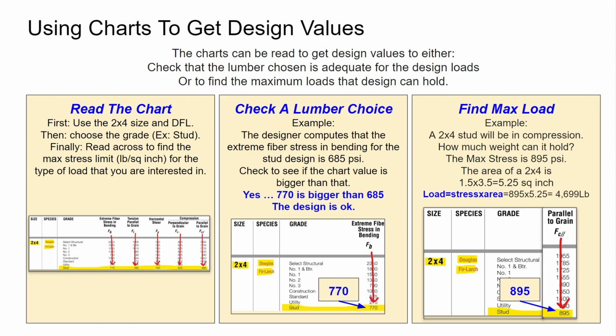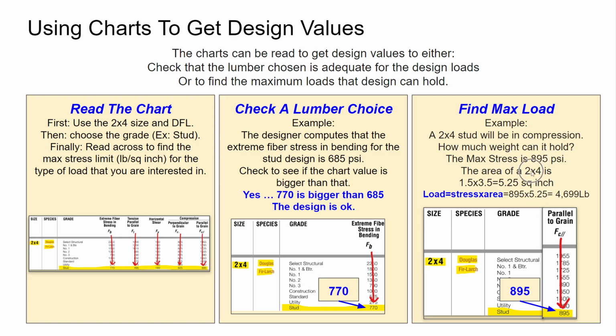Another one is we know what the design is and we want to see what the maximum load is that it can hold. So let's take, as an example, a 2x4 in compression. How much weight can that hold? Well, I look for a 2x4 stud in compression, 895. And then I know that some force spread out over an area will give me 895 pounds per square inch.